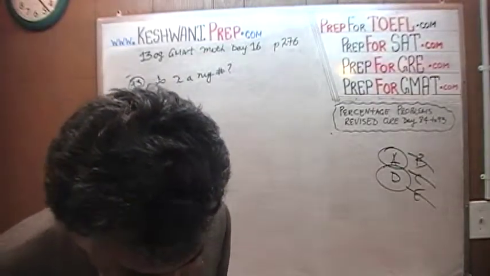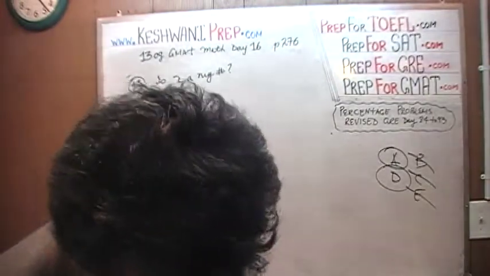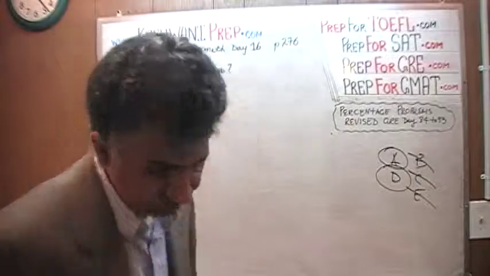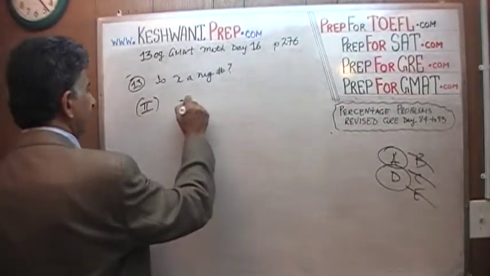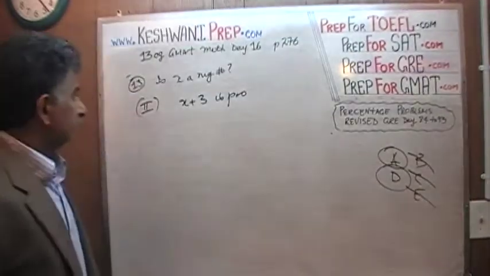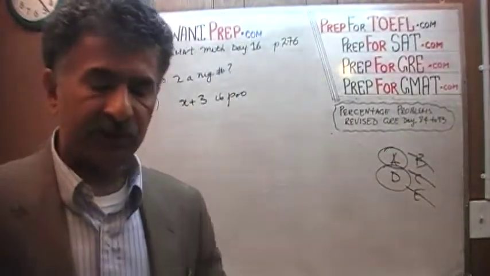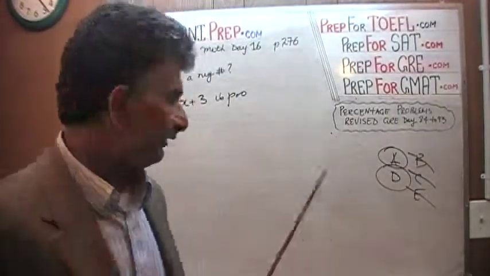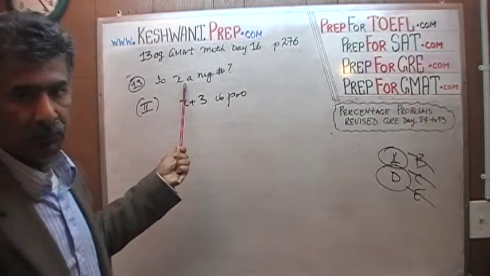In the second statement, they tell us that x plus 3 is positive. Does this enable us to figure out whether x is positive or negative?